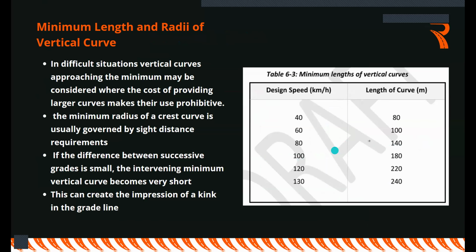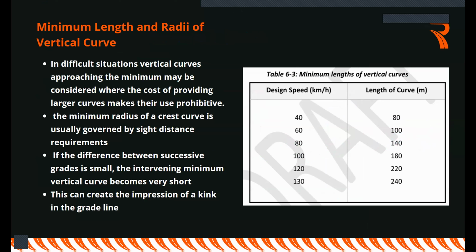The minimum length of curve is also tied to the design speed. You can see, for example, for a design speed of 80, you need a length of 140. Actually, this is very easy. We always say the length of the curve is equal to 2 times the design speed.